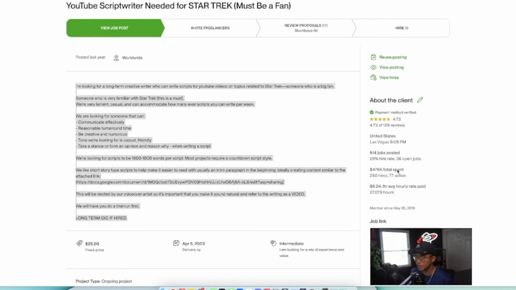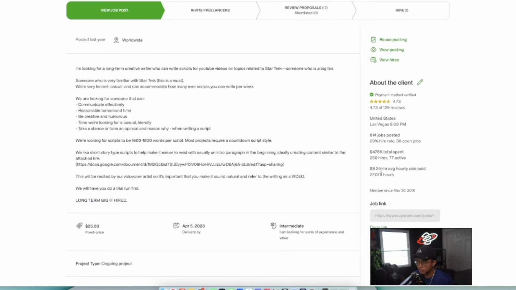And what I mean by that is, even though you're paying for samples, you're basically going to have the increased total spend on your Upwork profile, which looks good to freelancers, okay? So here's my Upwork profile in which I have $470,000 spent, 250 hires, 77 active. When people see that, they basically see I'm an established person. And so you want to build that reputability when it comes to freelancers seeing your account.